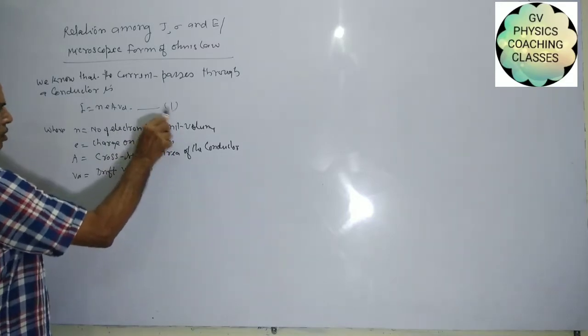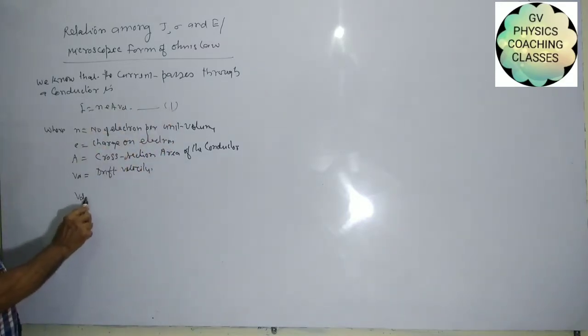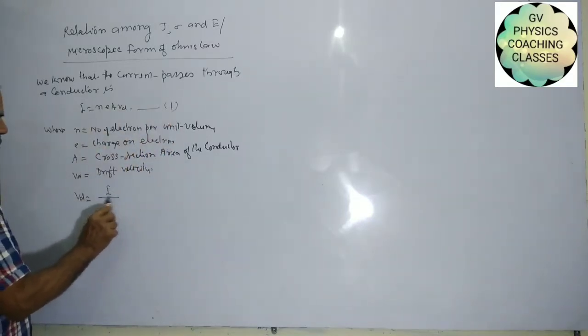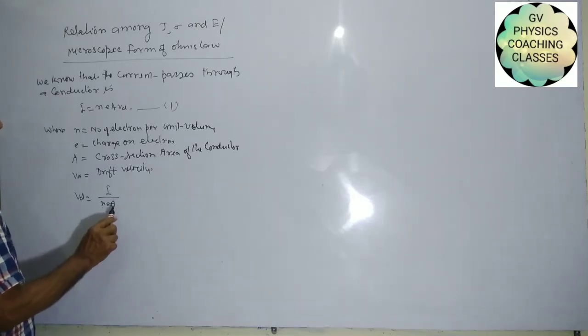This is equation first. Then Vd is equal to I upon n e A.